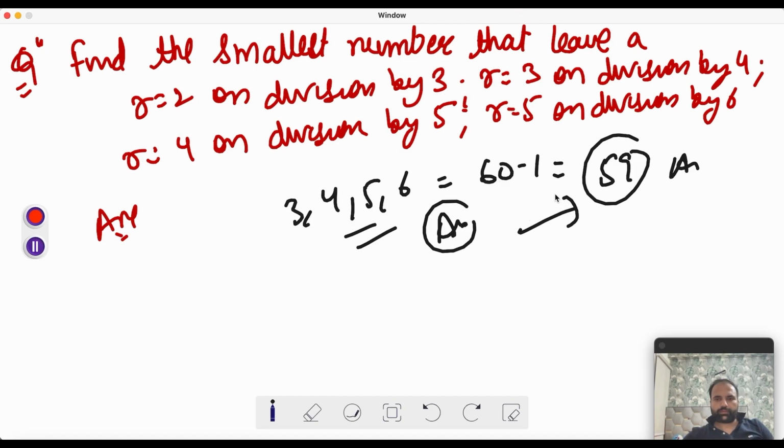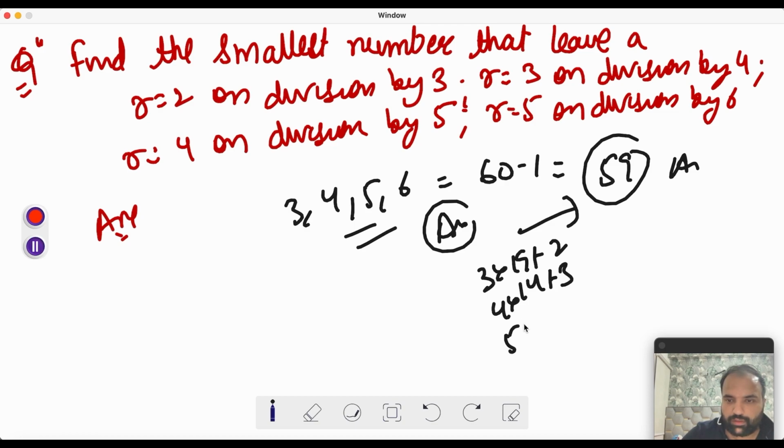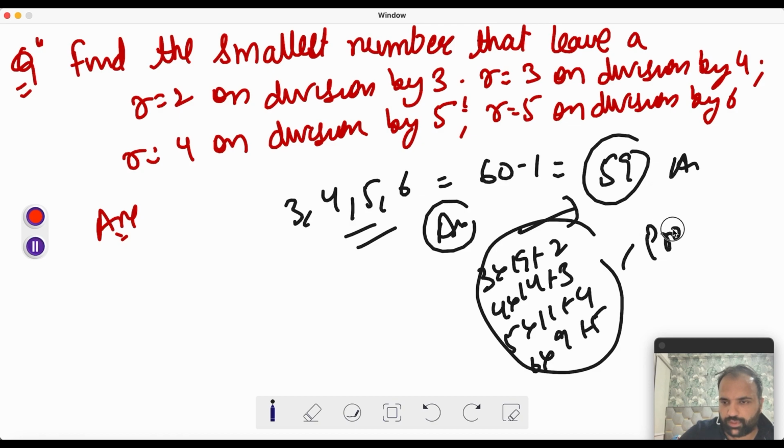If you divide it by 3, 3 into 19 plus 2, 4 into 14 plus 3, then next is 5 into 11 plus 4, and 6 into 9 plus 5. So that proves that this is true.